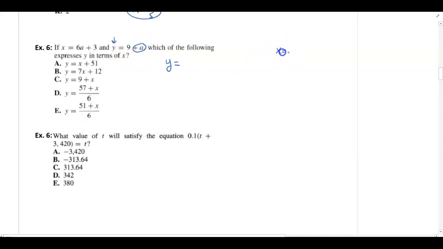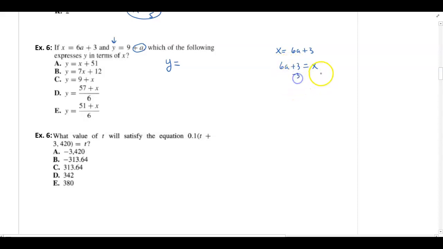So what I'm going to do is come over to the side and see that right now I have x equals 6a plus 3. I actually have to go and solve this equation for a. Now, I like to rewrite this problem as 6a plus 3 equals x, because now I'm going to get rid of everything linked to a.